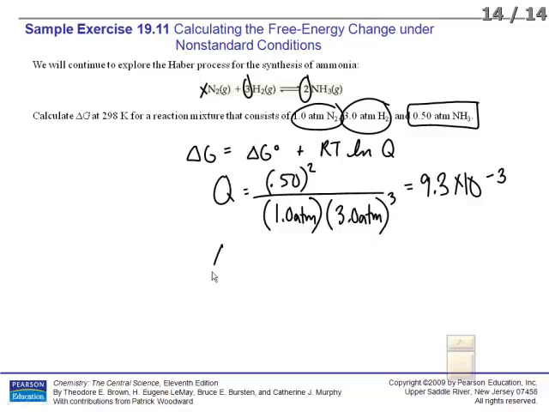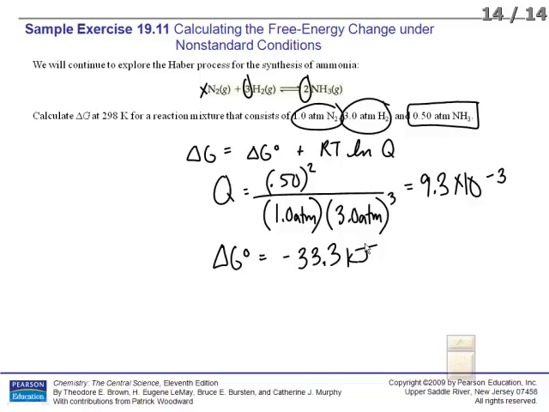Your delta G standard for standard conditions is negative 33.3 kilojoules for this particular reaction. So we'll just go ahead and plug that in. And now we can use this equation that I wrote up there. Now we can use it for your non-standard conditions.